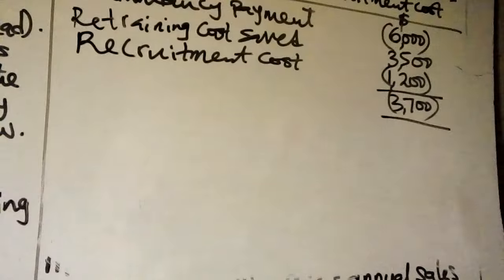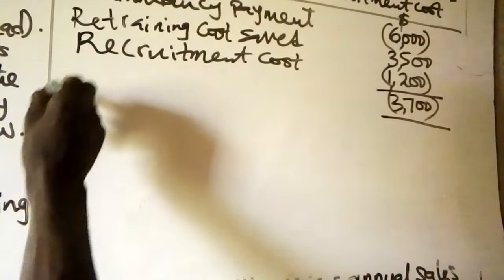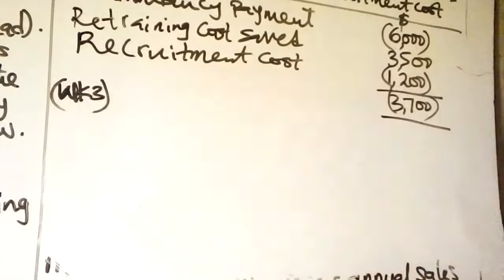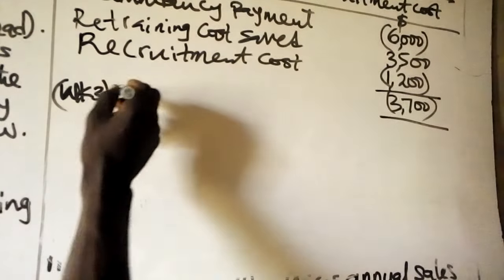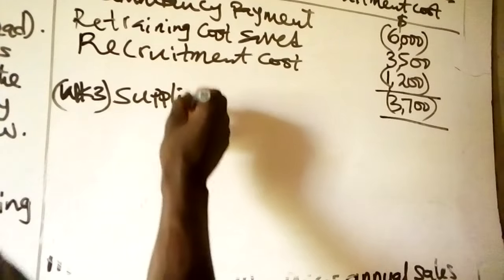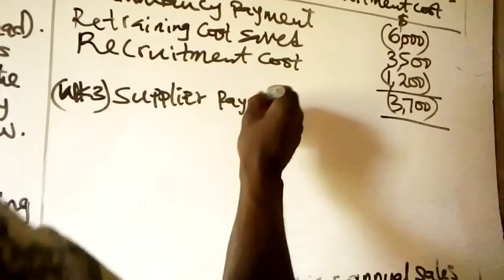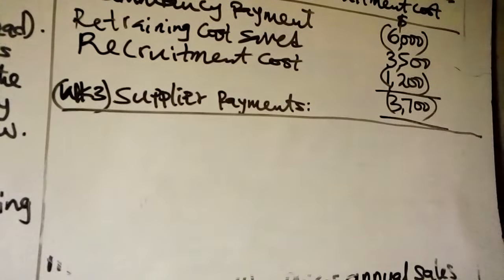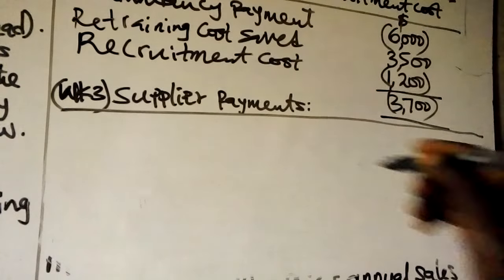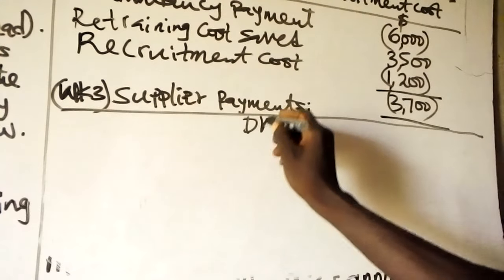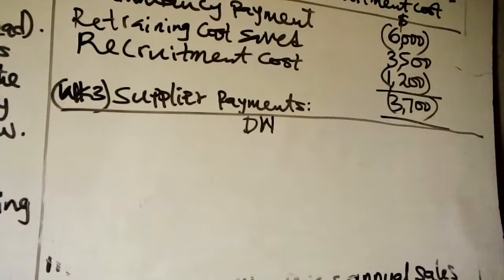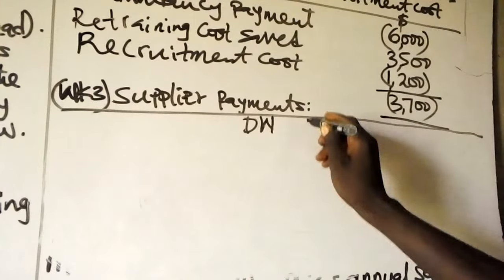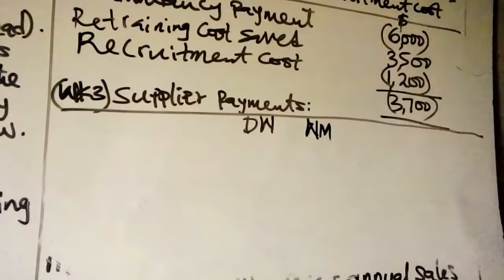We have working 3, that is supplier's payments. We have DW, we have WM, we have TD.